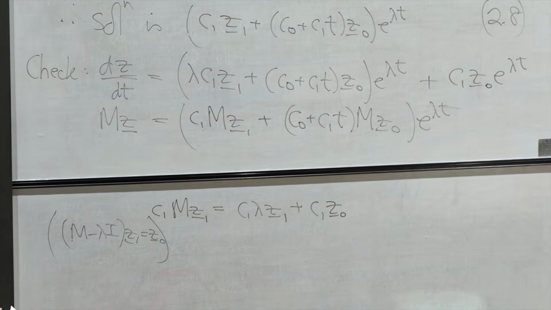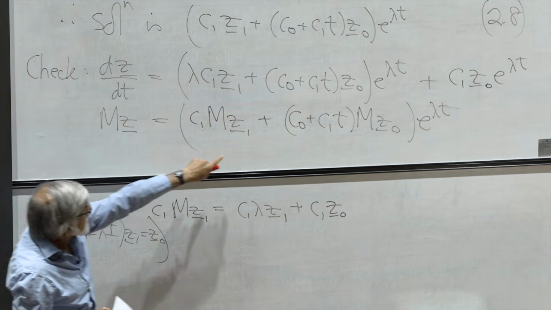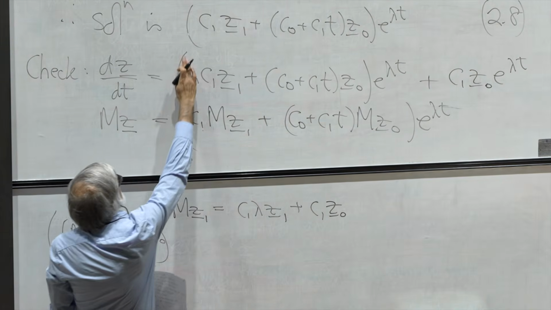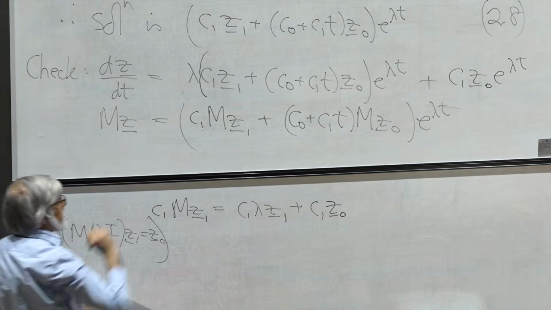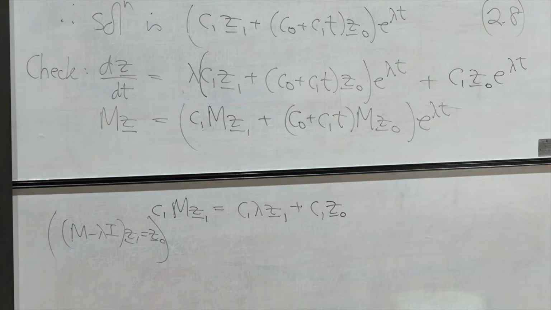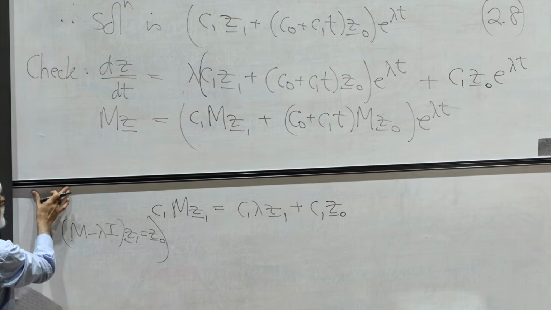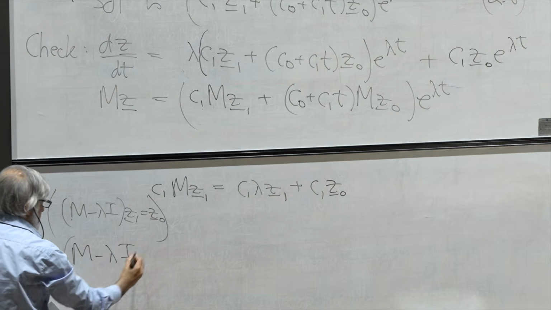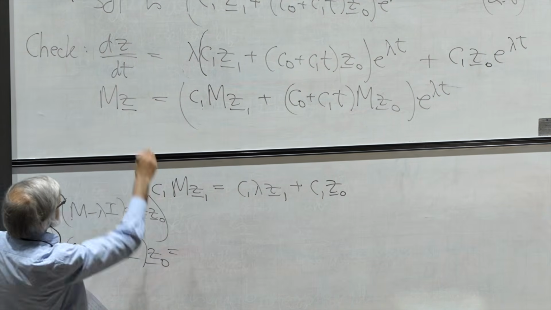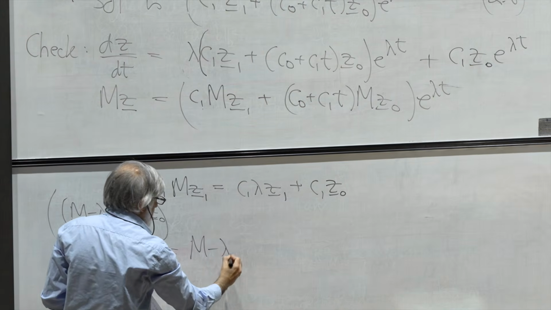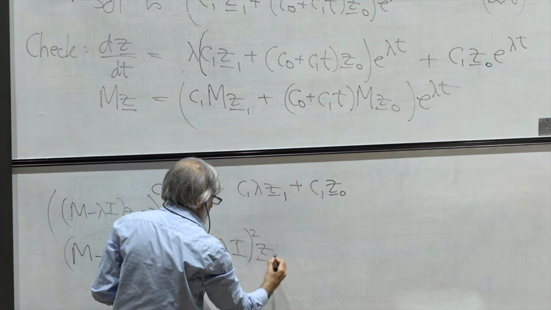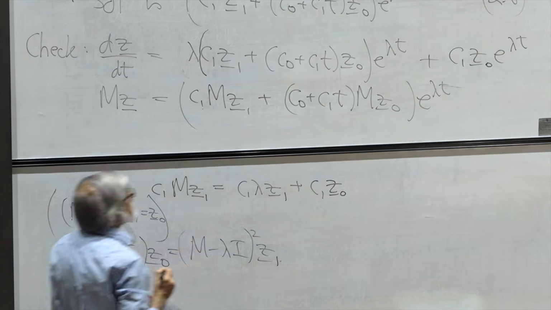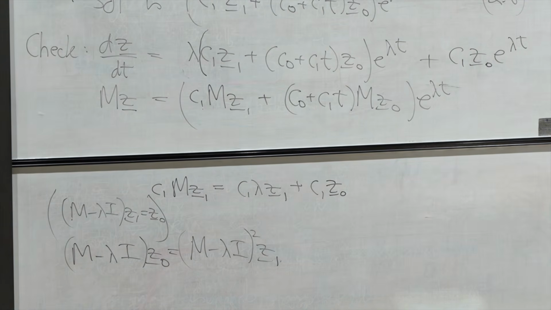So now all we've left to show is, can this thing equal this thing? And we made a mistake here. That, of course, bracket should be there when we differentiate. But notice that (m minus lambda I) z0 equals, by definition, (m minus lambda I) squared z1, because you multiply by the definition of z1.